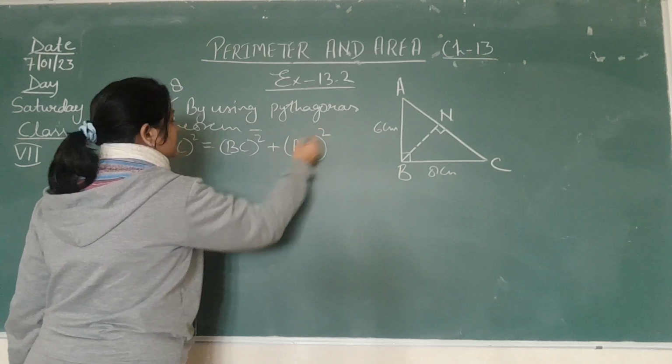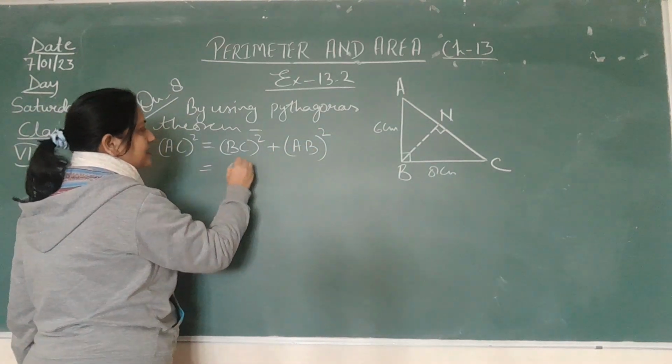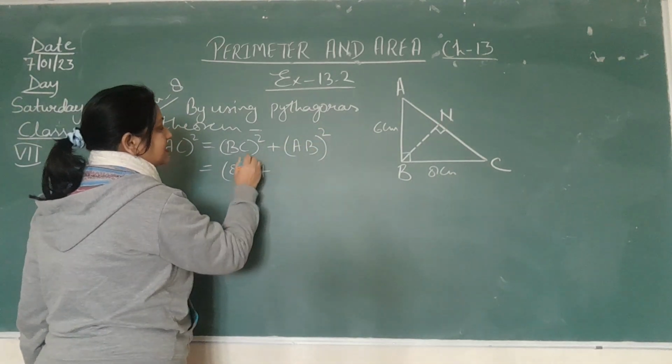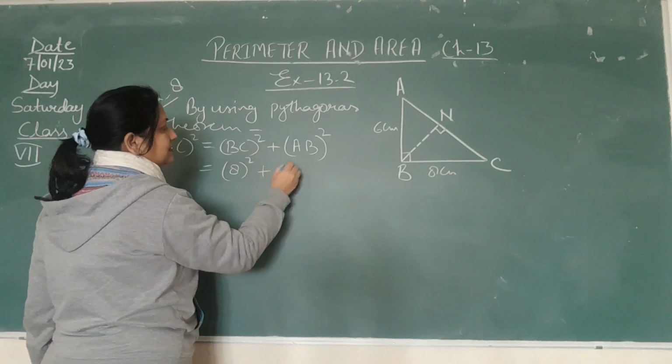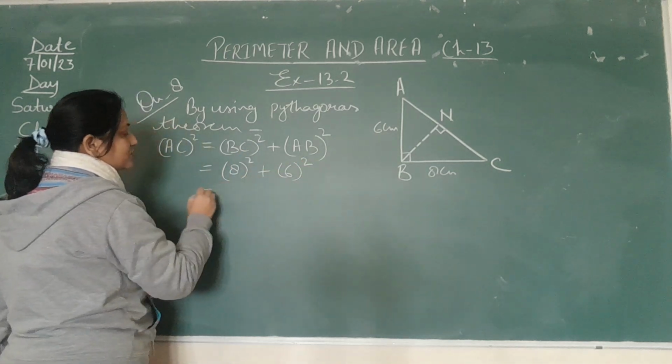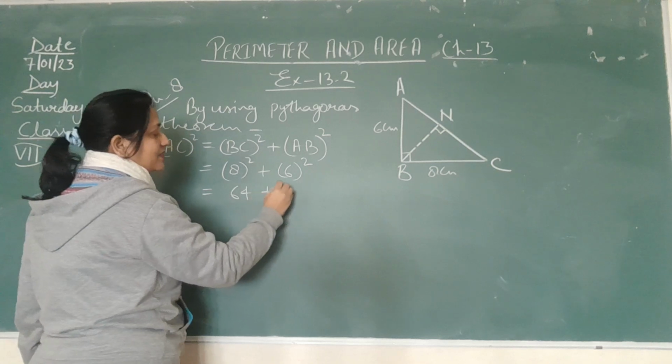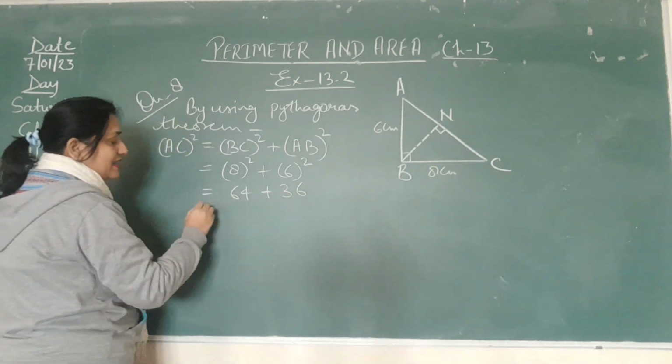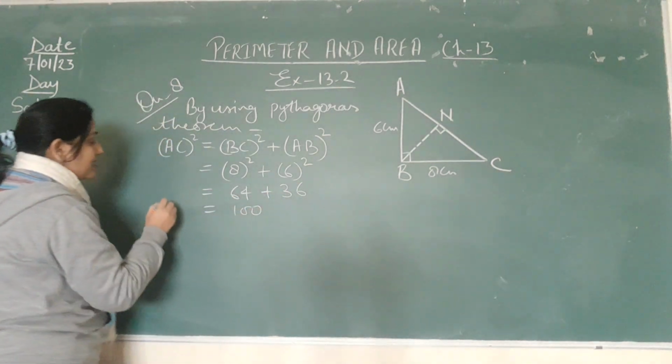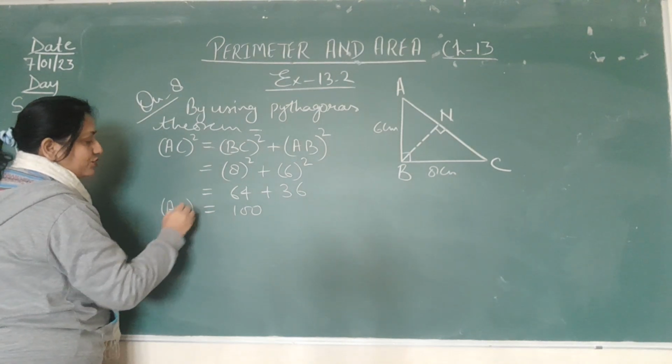Put the values. BC is 8 and AB is 6. 8 square is 64 and 6 square is 36. When we add, we will get 100. So AC square is equal to 100.